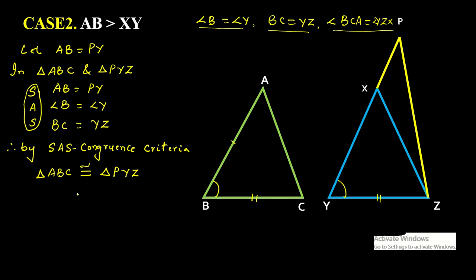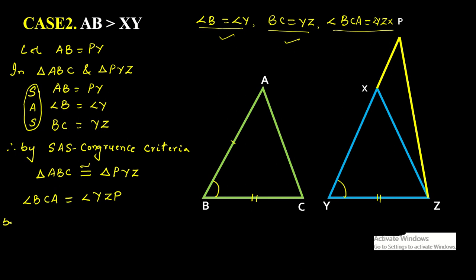Now let's check what we get from the congruence between these two triangles, ABC and PYZ. We got that angle B is equal to angle Y, BC is equal to YZ, and angle BCA is equal to angle YZP, if we consider that triangle ABC is congruent to triangle PYZ.